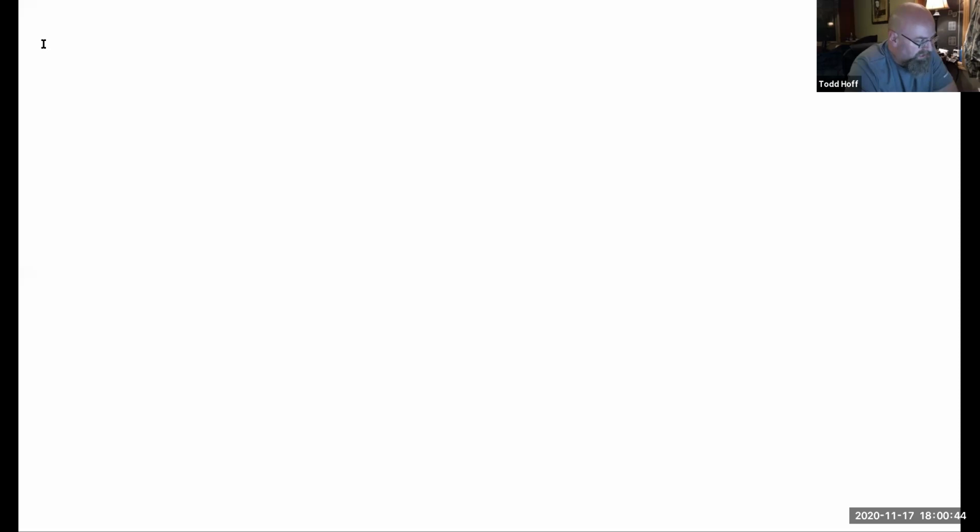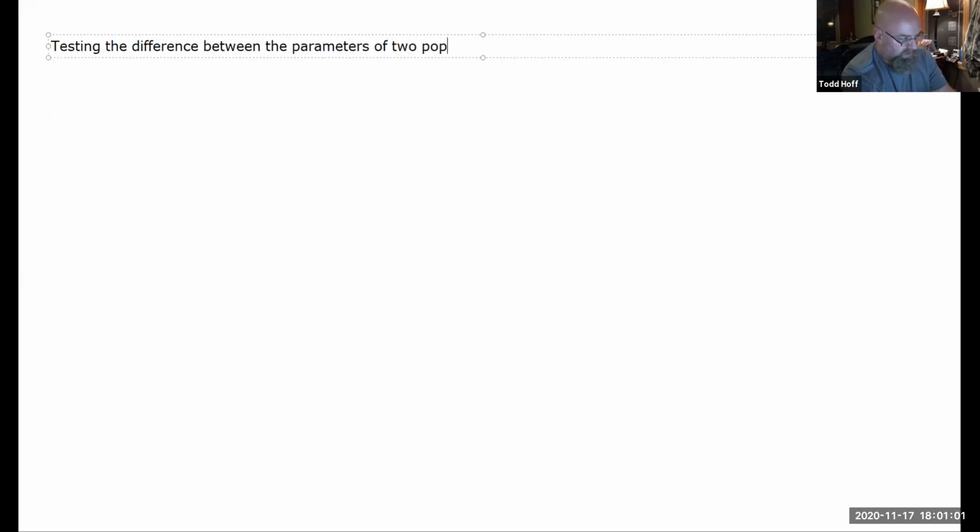So this week, we are switching gears a little bit, still looking at hypothesis testing, but now we're looking at testing the difference between the parameters of two populations.